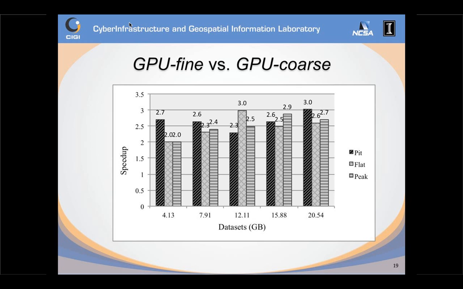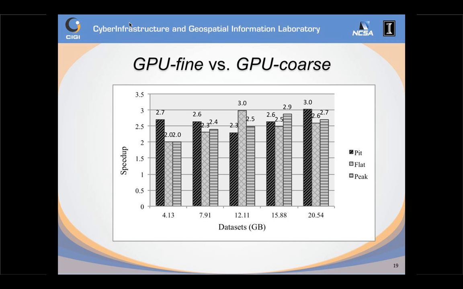What I'm showing you is if you just want to do a single-scale decomposition, that would be the coarse GPU implementation versus more multi-scale representation or decomposition of the spatial computational domain. That would be the GPU fine implementation, and you do see the different speed-ups and the benefits for going to the fine scale multi-level decomposition.